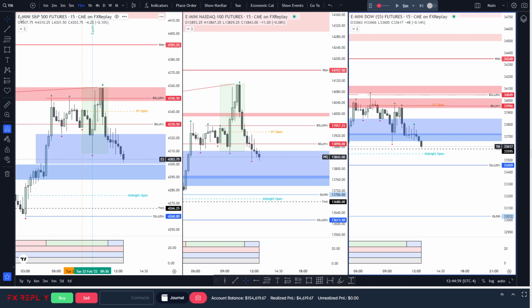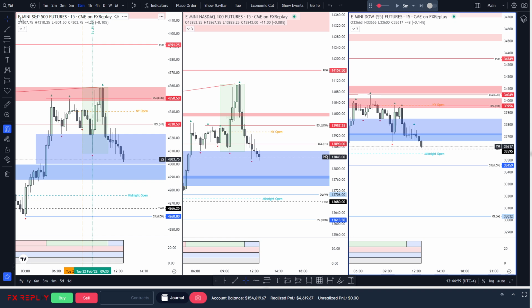I certainly wanted to see price trade up into the previous day's high, sweep the liquidity, and then get the move lower. We didn't get that.